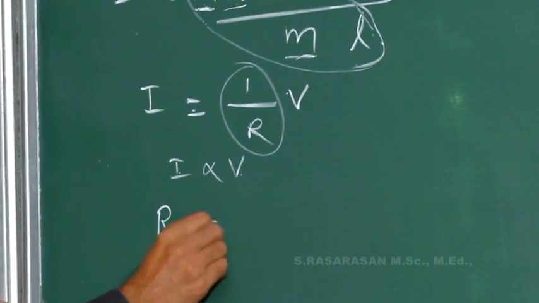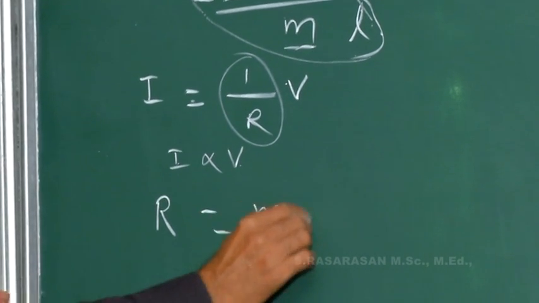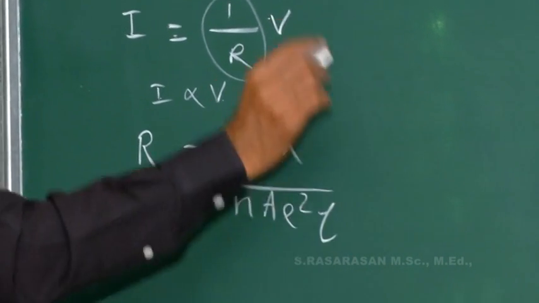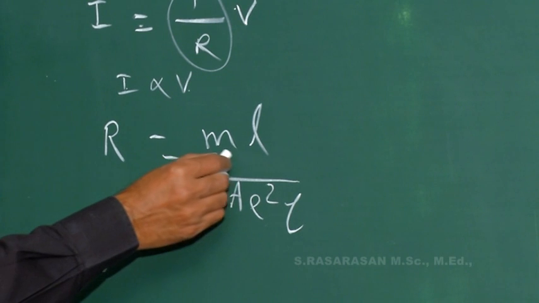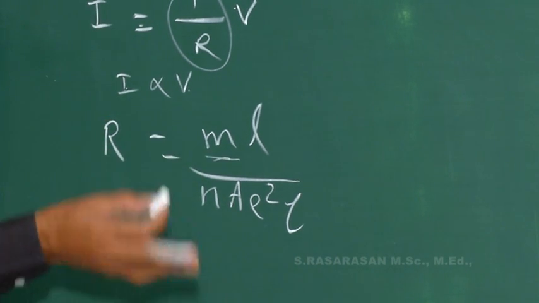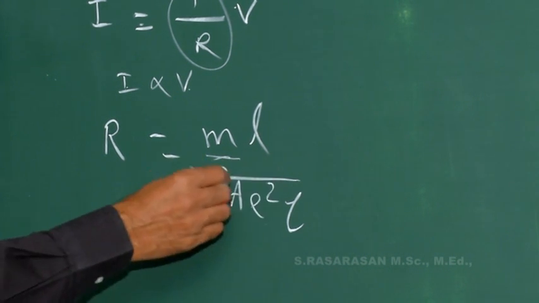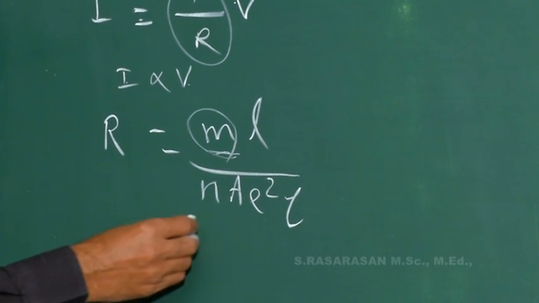So R is equal to, what is the value? Put it down: mL by NAe square into tau. Here the mass of the electron is always constant. The mass of an electron in copper and in aluminium is the same, always, for any material.